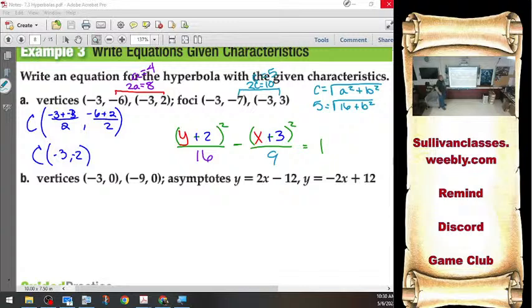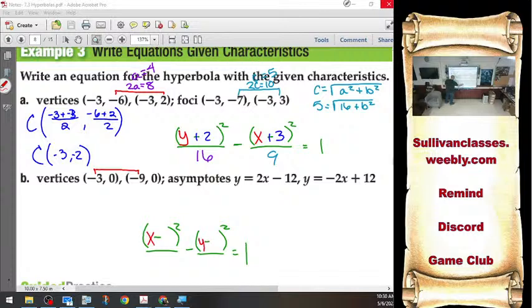So, if they give me double coordinates, it's not bad. Setting up again: this minus that squared over, this minus that squared over, is 1. Just like before, I see that my x's are now changing. If the x's are changing, then my vertices lie along the transverse axis and it is horizontal.